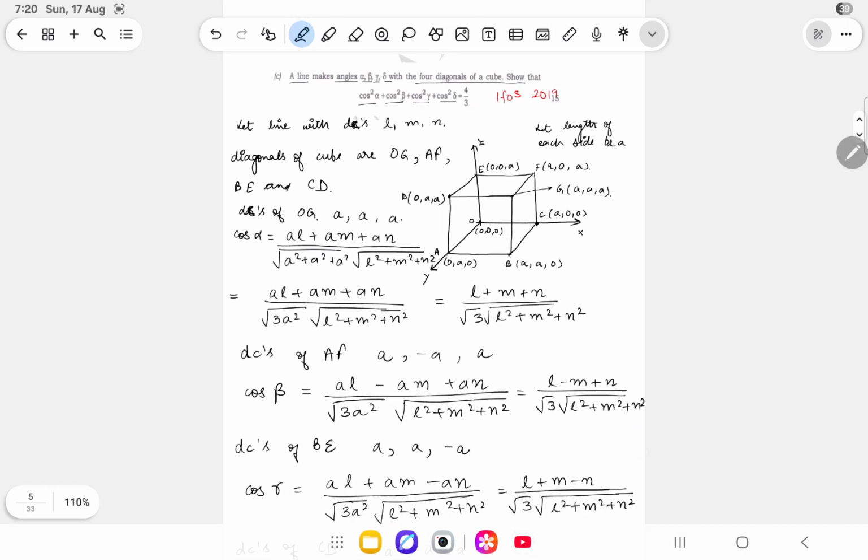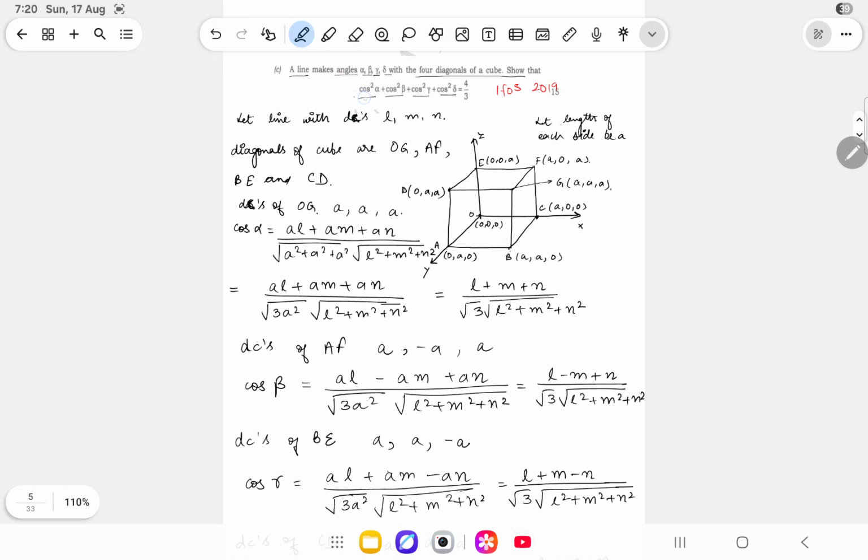So we are supposed to calculate the value of cos square alpha plus cos square beta plus cos square gamma plus cos square delta.